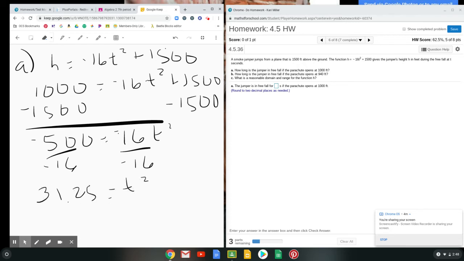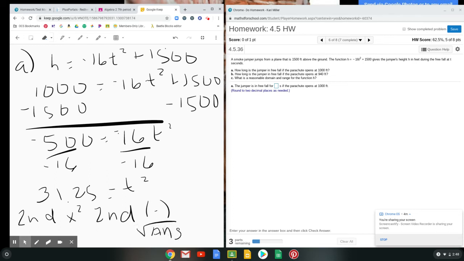equals t squared. So what I want you to do in your calculator is hit the second button, then hit x squared, then hit the second button again, and then hit the negative button in parentheses. And what you're going to see on your calculator is the square root of ans.